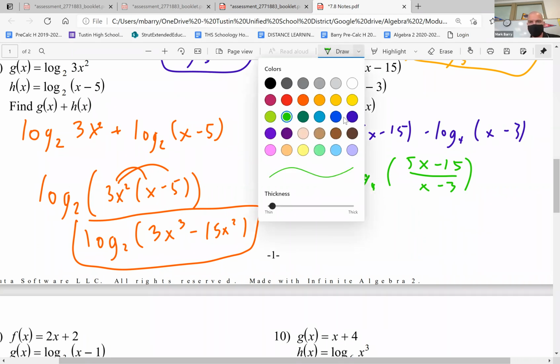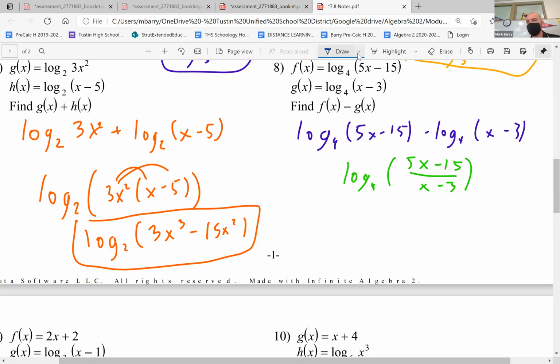All right. Then I actually notice here that on the 5x minus 15 up top, we could take out a 5. Take out a 5 means you divide both of those by 5.